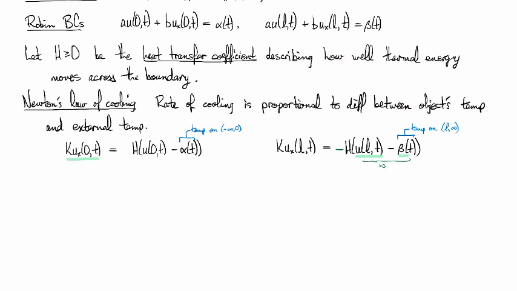So then you should think of this h as conductivity between the bar and the external environment, like how well it's connected, so how readily can the energy propagate out through the boundary. And so conductivity is like the reciprocal of resistivity or insulation.